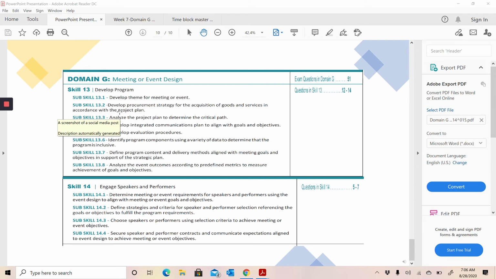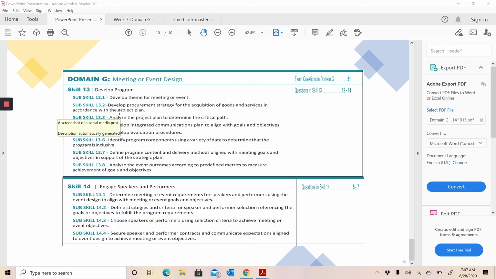That was talking about, remember, the team building sessions, entertainment, comedians, your food and beverage events, and the factors you want to consider, like the budgets, the goals of the stakeholders, and your profile for attendees. So those are the program components you want to know. And then define program content and delivery methods aligned with meeting goals and objectives in support of the strategic plan.